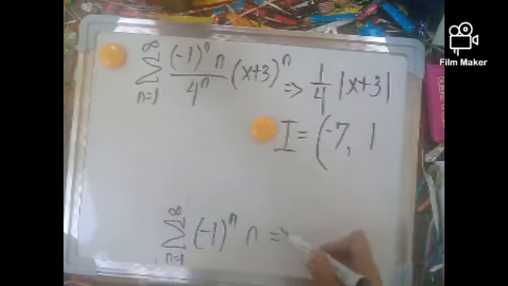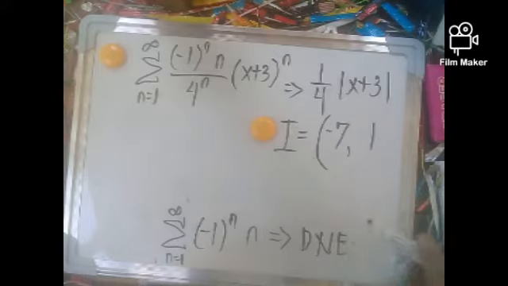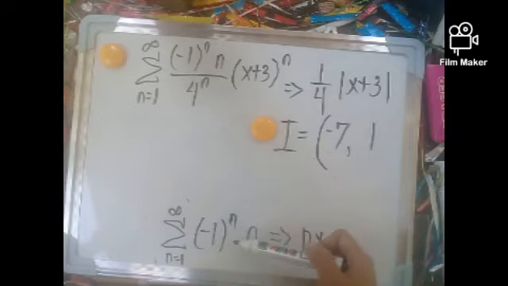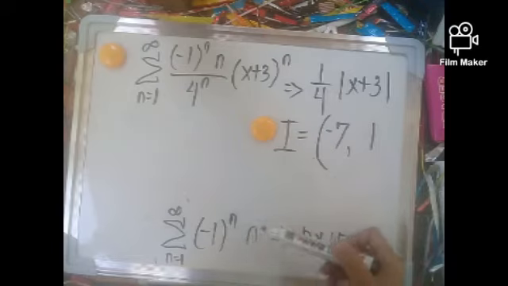In which, ang value ng series na ito ay does not exist. Bakit? If we plug in 0, we have 1 times 0, we got 0. And if we have 2 here, for example, you get 1 times 2.